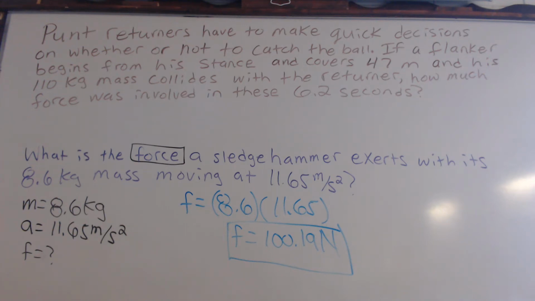You can make it a derived unit. It means mass, so it would be kg meter over second squared. But it's a derived unit. It's just much easier to say newtons as opposed to kilograms meters per second squared. It's just a lot easier to just say newtons. Okay?